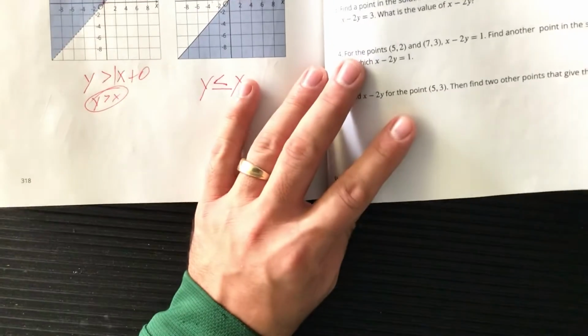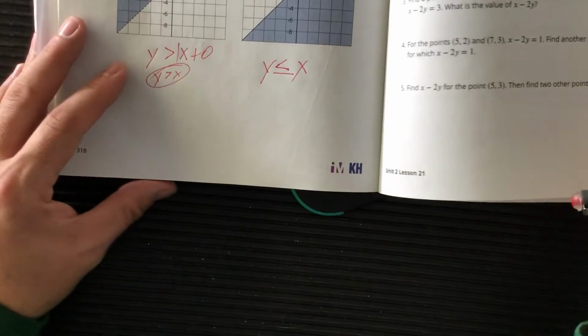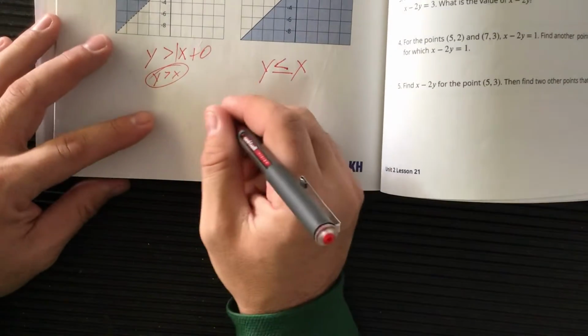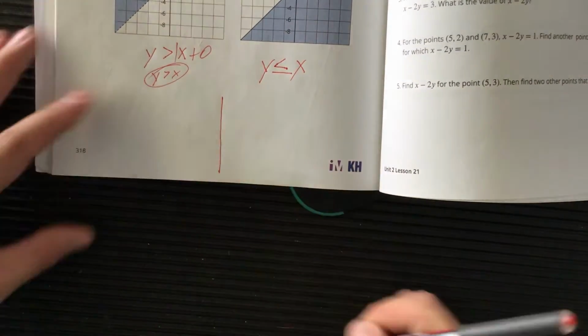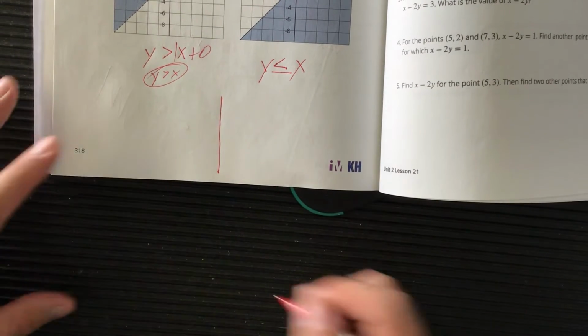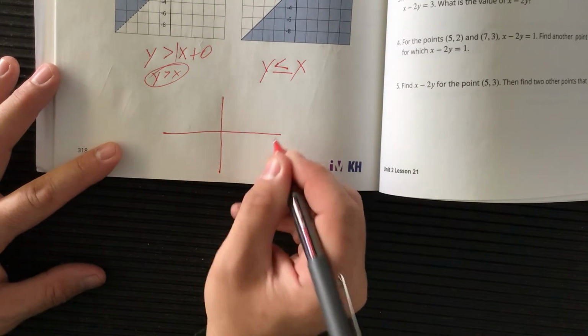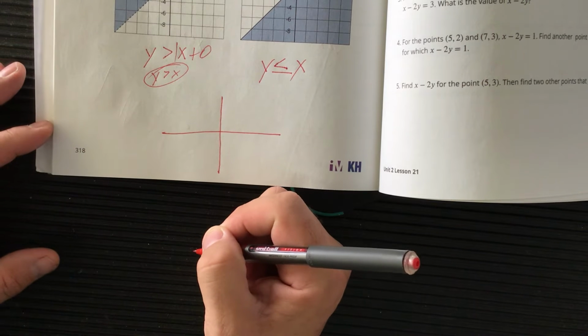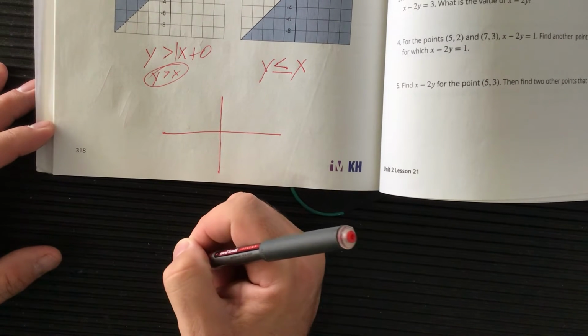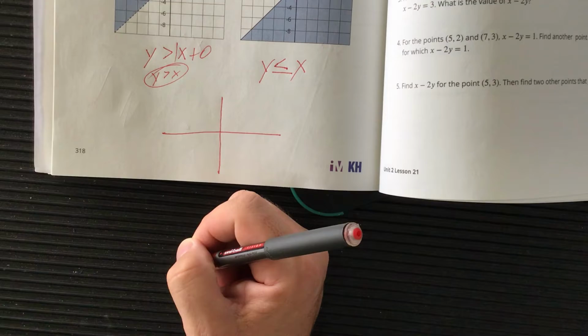All right. Instead of doing the are you ready, I'm gonna give you one more. Do you want an equation and then you graph it? Or do you want me to graph it and you write the equation? Me graph it?